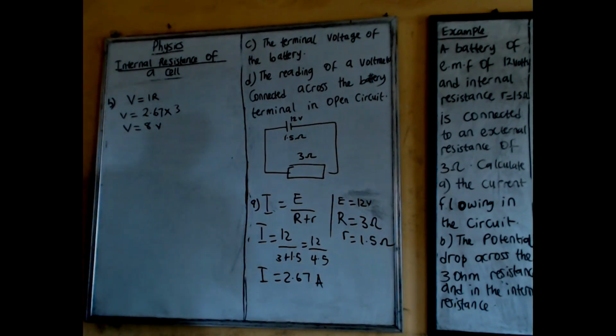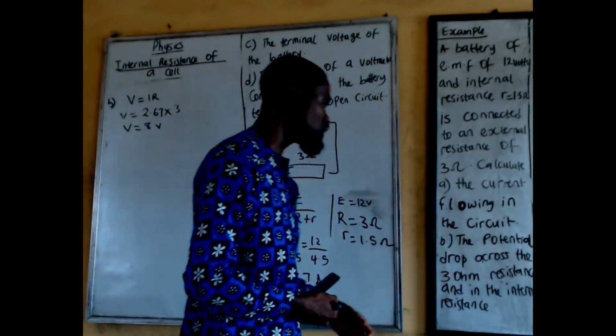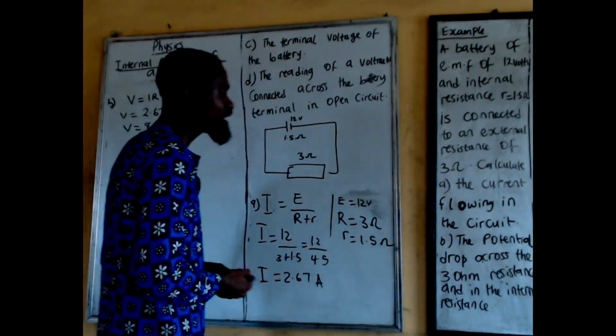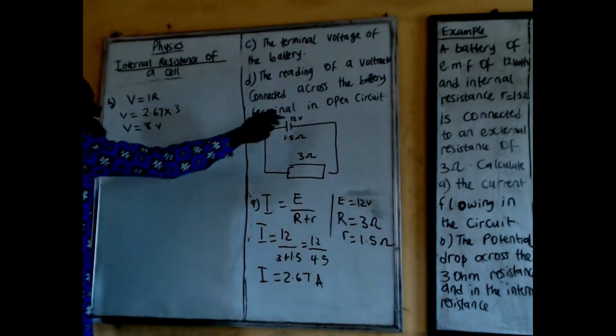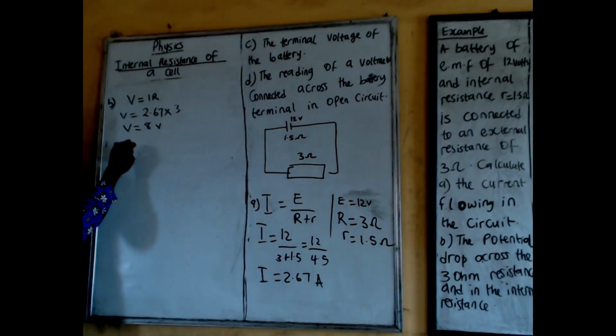Approximately 8 volts. Now the big part of the question is not just the potential drop across the 3 ohms resistor, but also the internal resistance. So you are still looking at the potential drop across the internal resistance, which we denote as small letter v. It will still be from Ohm's law, but this time with the internal resistance.